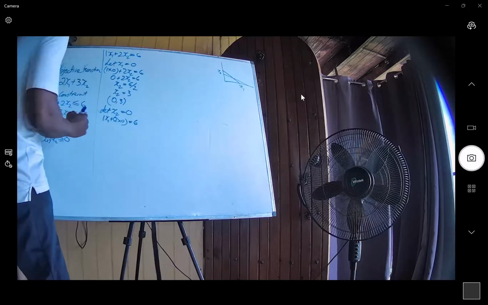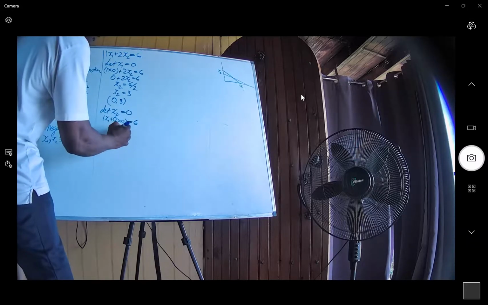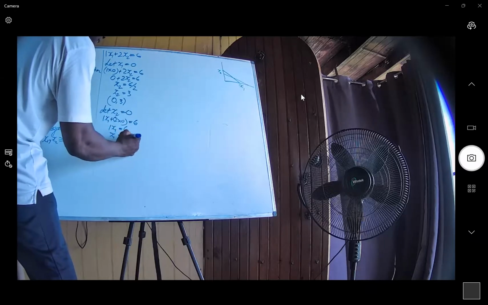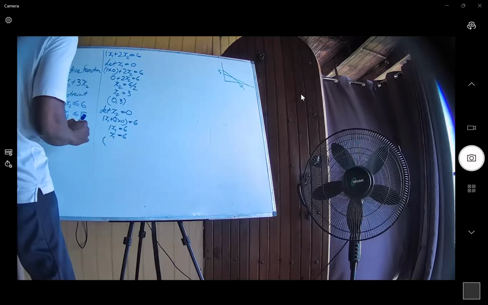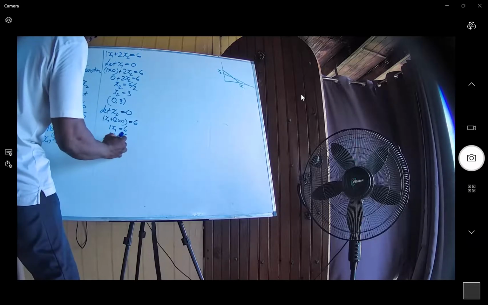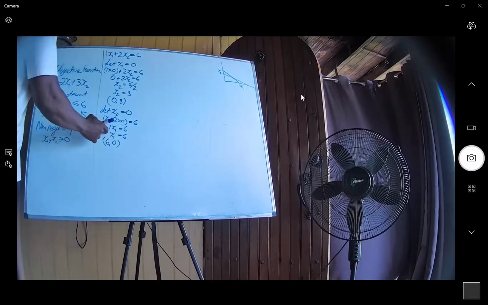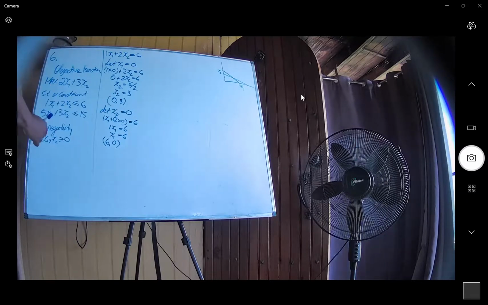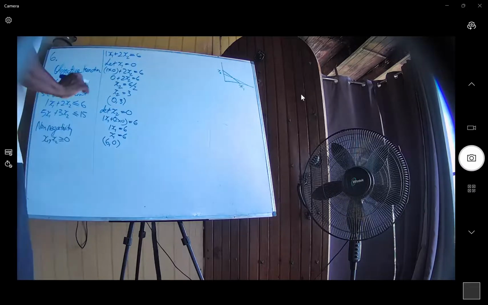So then 1x1 is equal to 6, so basically x1 is equal to 6. So we can now write this coordinate as 6, 0, with x1 first and then x2. So that's one line.